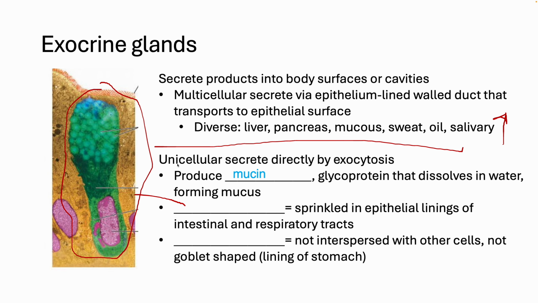They produce mucin, a glycoprotein that dissolves in water, thus forming mucus. Goblet cells are an example of this. They're sprinkled in epithelial linings of the intestinal and respiratory tracts, while mucus cells are not interspersed with other cells and they're not goblet shaped, such as those that you'd find in the stomach.